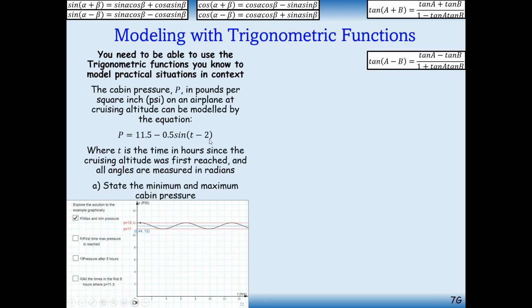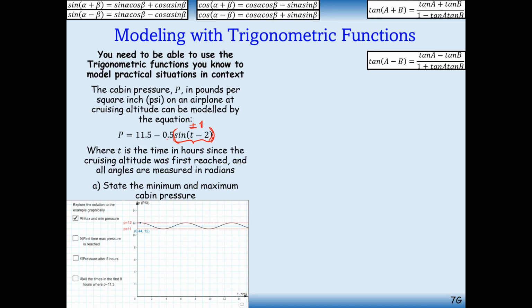We know that sine has a maximum and minimum value of 1 and minus 1. So this part of the equation that I'm putting brackets around can vary between plus 1 and minus 1. And this is multiplied by a scale factor of minus a half.